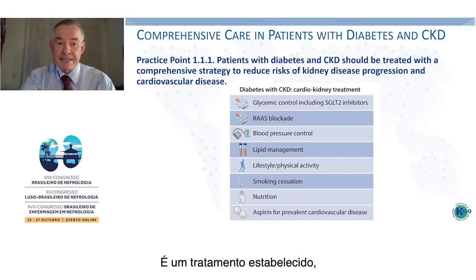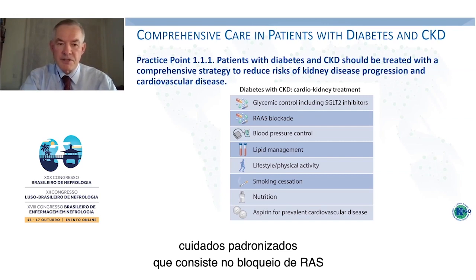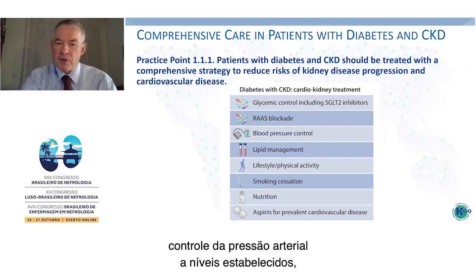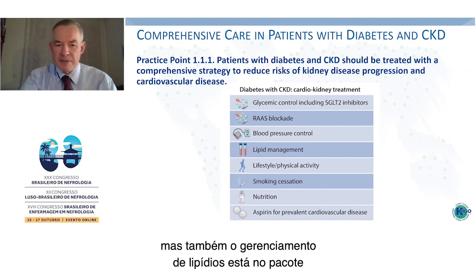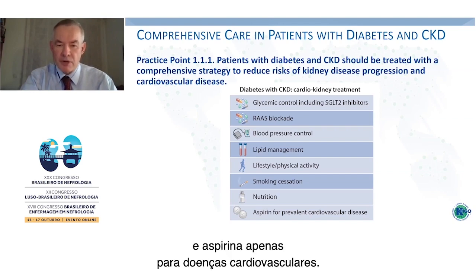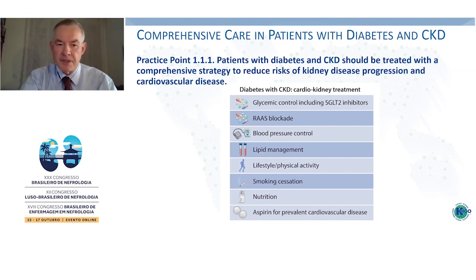And this is established treatment, standard of care, consisting of RAS blockade, an ACE inhibitor or an angiotensin receptor blocker, blood pressure control to target levels, but also lipid management in the package of cardiovascular risk reduction, lifestyle, physical activity, smoking cessation, nutrition, and aspirin only for cardiovascular disease.